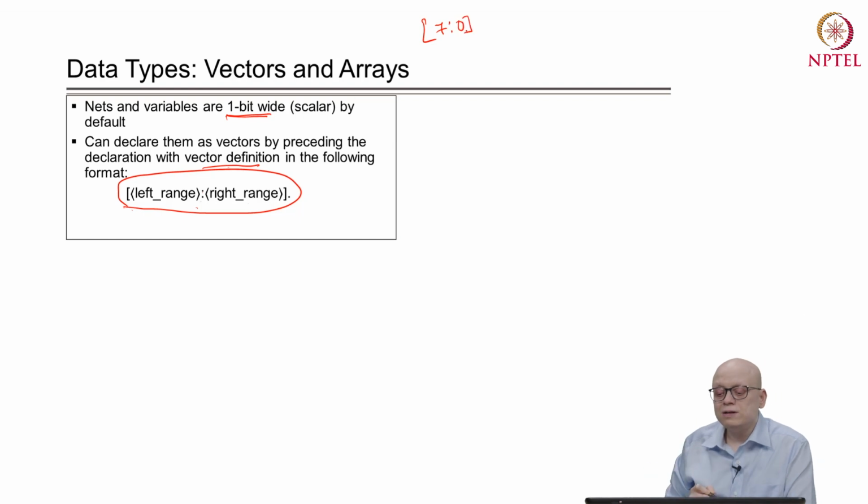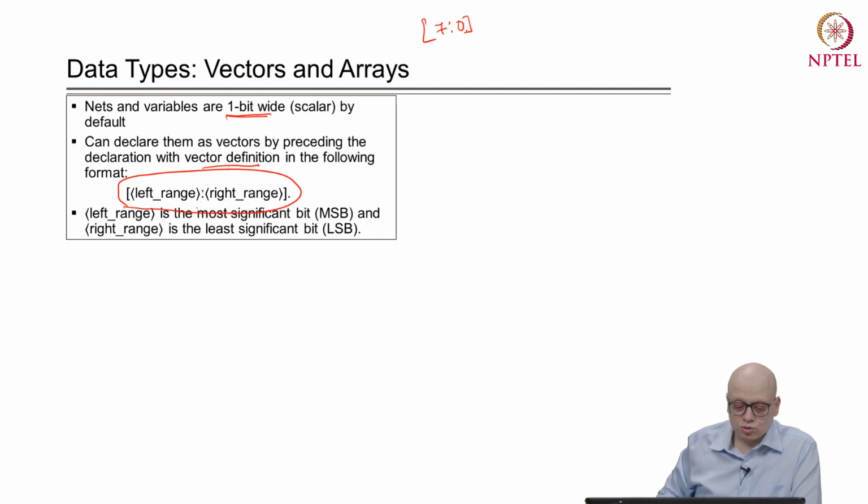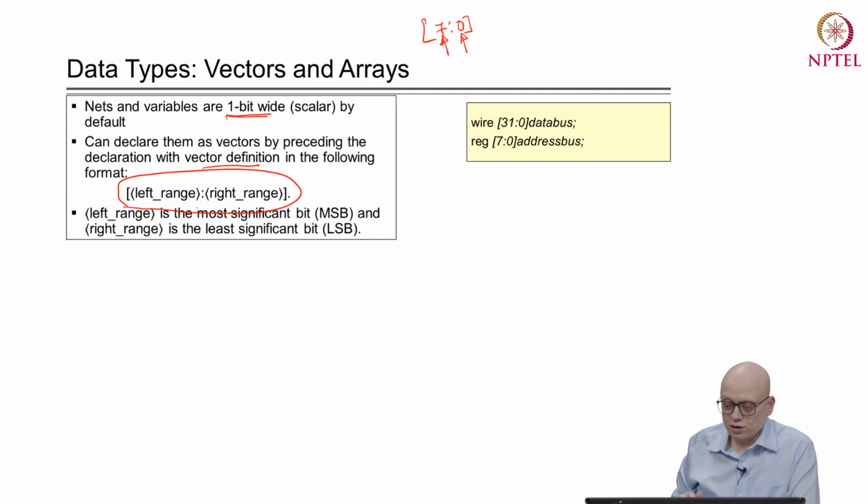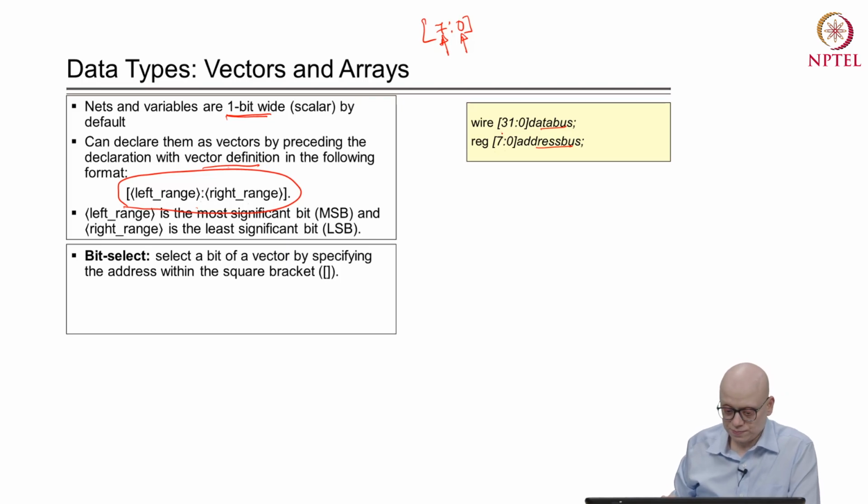So, this defines a vector. The left range is the most significant bit, and the right one is the least significant bit. For example, a 31 to 0 data bus or a 7 to 0 address bus. These are examples of vectors.